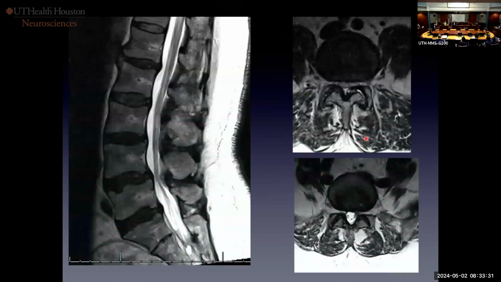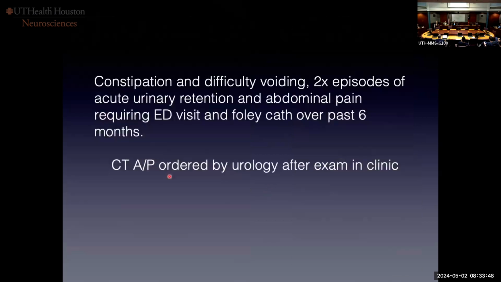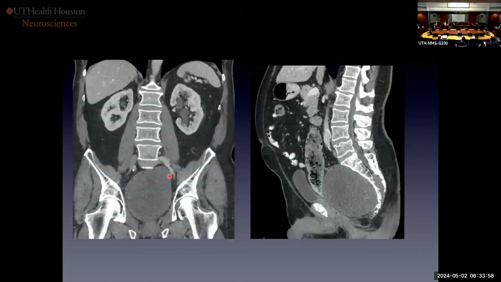Here was his sagittal T2 weighted image, and they were seeing some element of central canal stenosis with bilateral posterior element hypertrophy. Was this enough to be causing his symptoms? They were not convinced. Urology saw him and said this is concerning. He's having trouble voiding. They ordered a CT of the abdomen and pelvis.